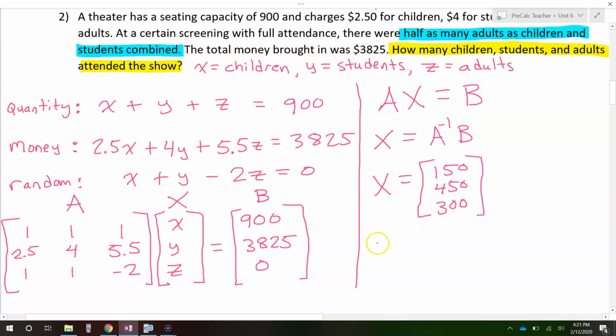And of course that means that X is 150, Y is 450, and Z is 300.